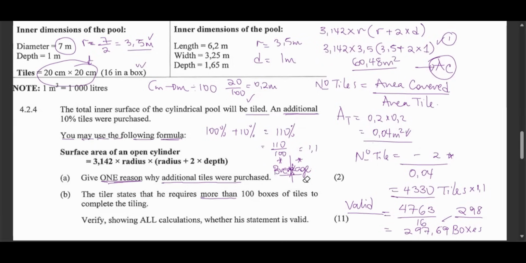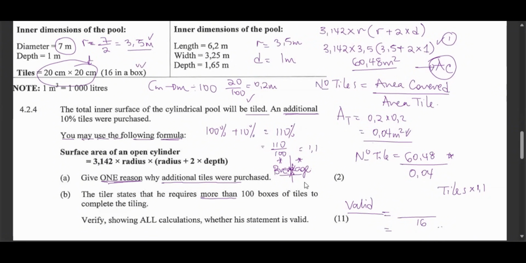Let's see. We only need to change the area here. So when you divide that, the number of tiles is going to change a little bit. We are saying this has become this much.